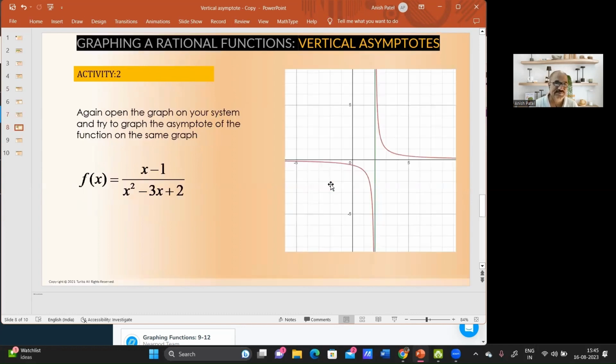Let's see. So this green line is the vertical asymptote. When you move the slider, the value of a, this line will move to the left and right, and you have to stop when this line comes to this position. Very good. It's simple.